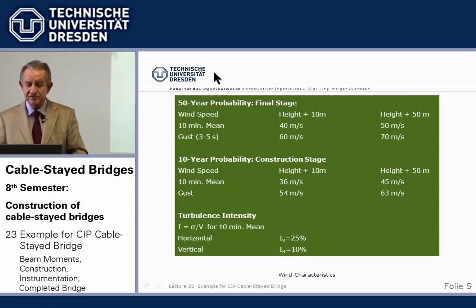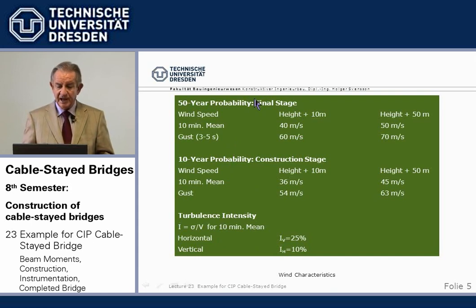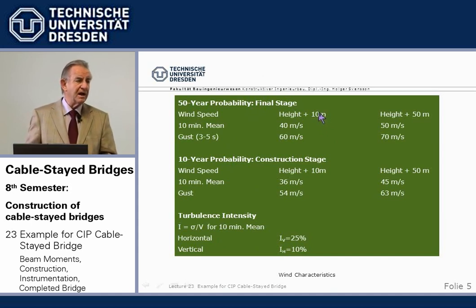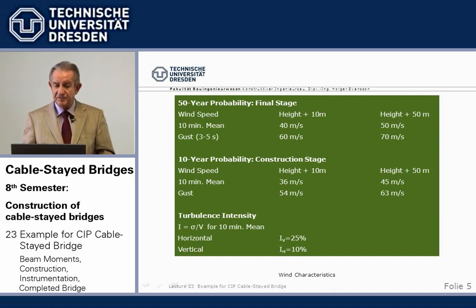Now, what does strong storms mean? We have listed here a 50-year probability assumed, in accordance with the Norwegian codes, for the final stage, and for construction a 10-year probability, that's shorter. And the wind speed, the reference height, as you may remember from our lectures on dynamics, is at plus 10 meters worldwide, but we are interested especially at plus 50 meters, which is the height of the beam, 50 meters above the sea, and there we have the 10-minute mean.